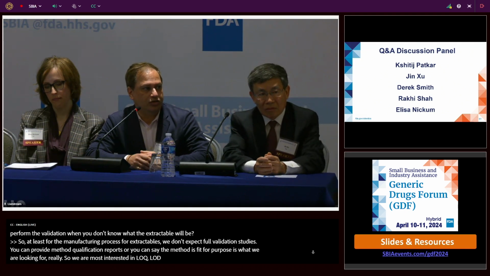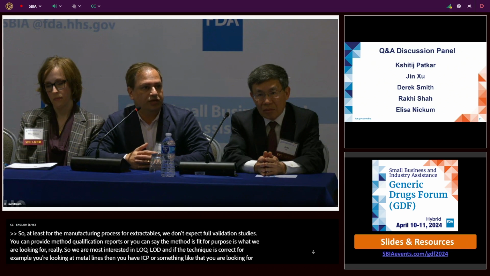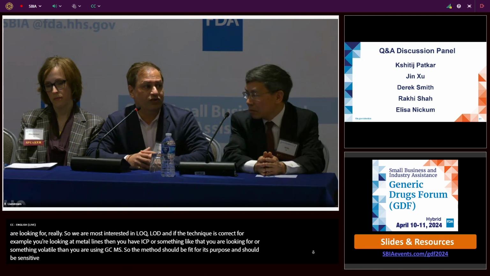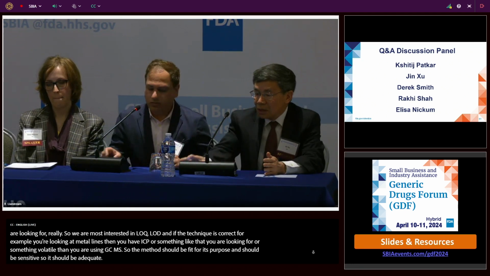For example, if you're looking at inorganics or metal ions, then you have ICP or something like that. Or if you're looking for, say, volatiles, then you're using GCMS. So the method should be fit for its purpose, and it should be sensitive as well as adequate. So we are not looking for a full validation, at least for the manufacturing process extractables.